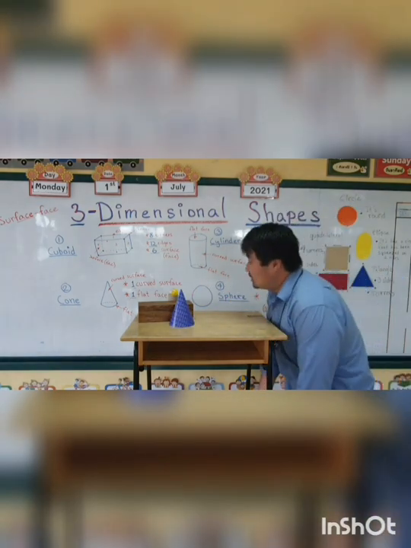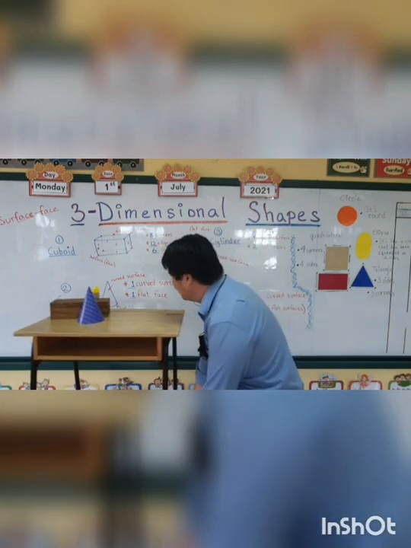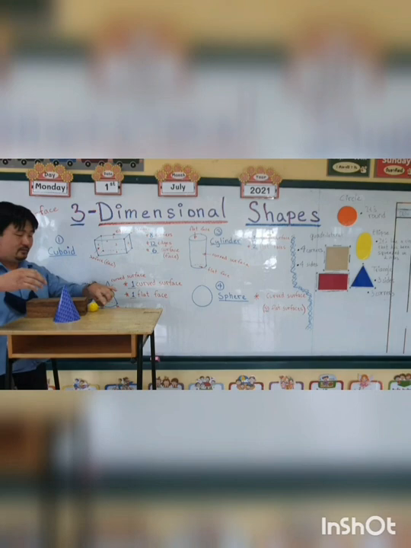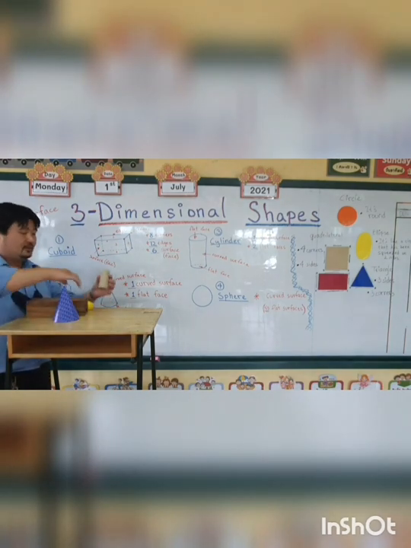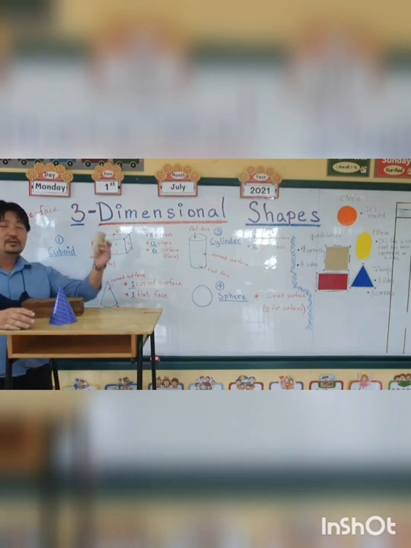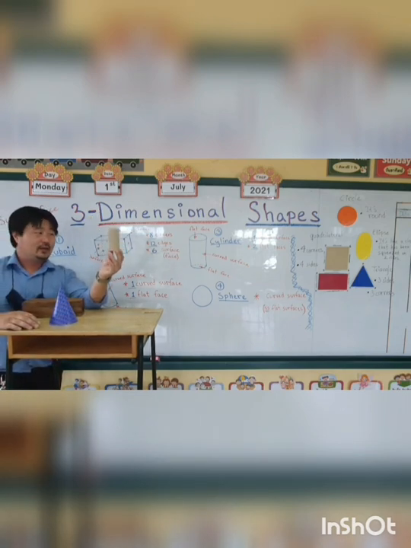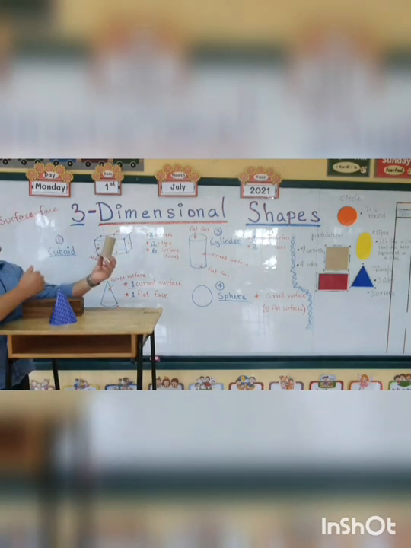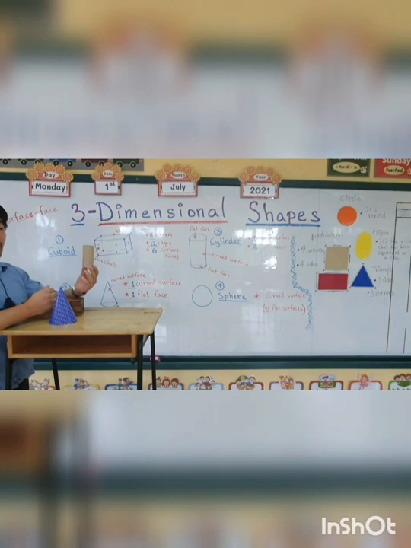Now let's go to the cylinder. So this is a cylinder. And let's see what we wrote. It has one curved surface.